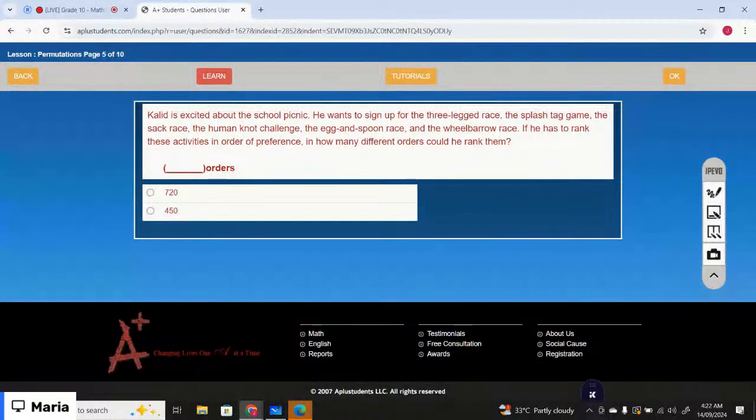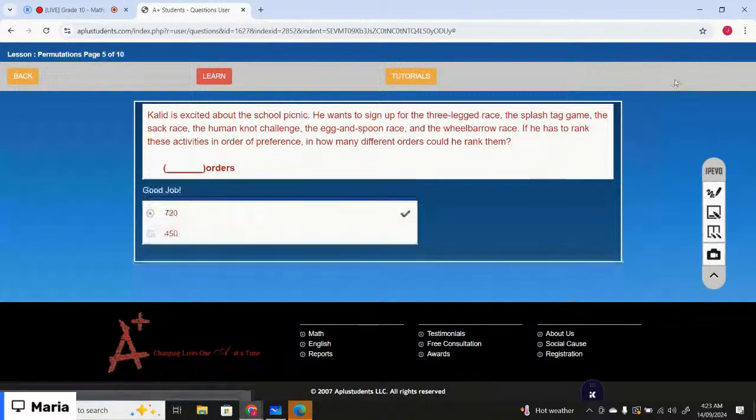That is 720. You have a total of six activities, so the correct option is 720.